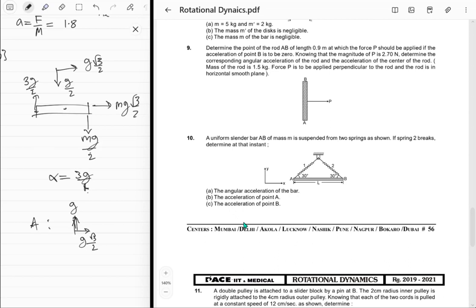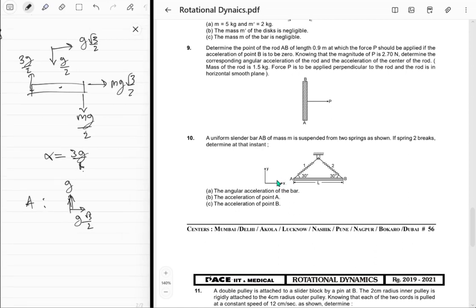And they want the acceleration of point A as a vector? Oh yeah, as a vector because they gave us x and y. Perfect. So acceleration of point A will just be g times square root 3 upon 2 i plus j, just like that.